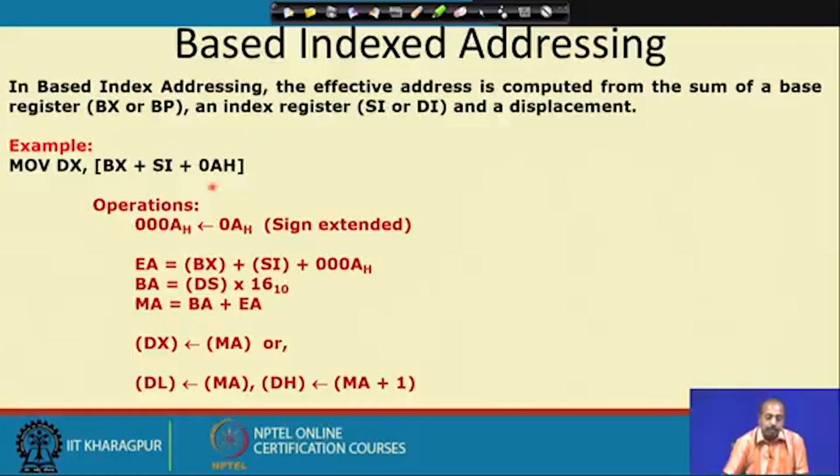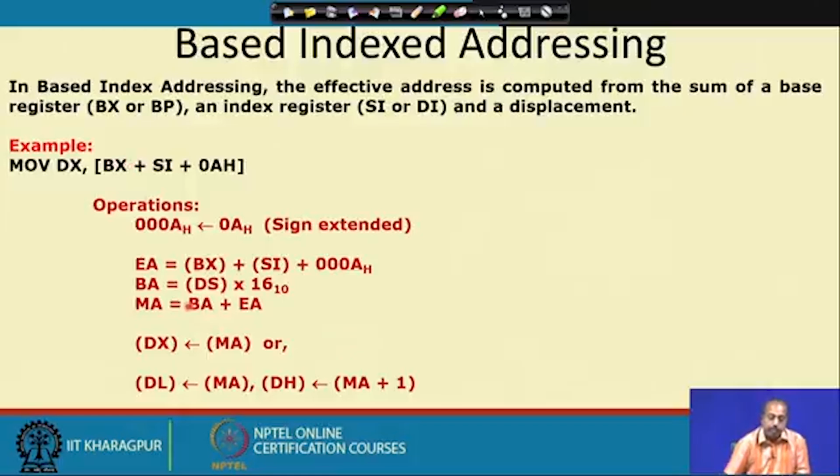Here also the same thing applies with the displacement 0A hex. When you sign extend, it becomes 00, so 0A hex is a positive number, and its 16 bit sign extended form is 000A hex. Then the effective address is BX plus SI plus 000A hex. The base address is DS into 16, because since SI and BX have been used, it will use DS as the segment register.